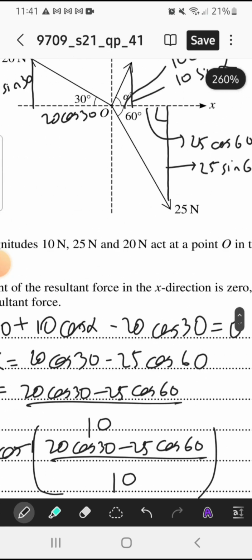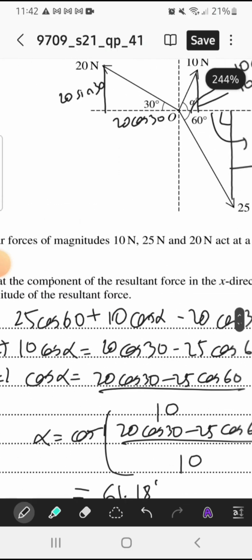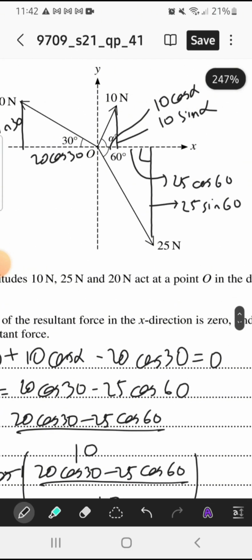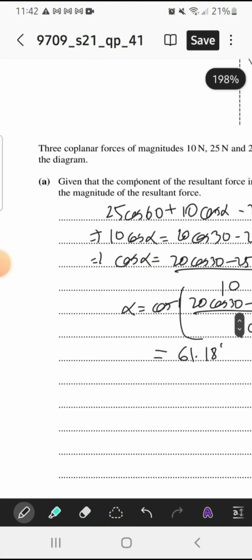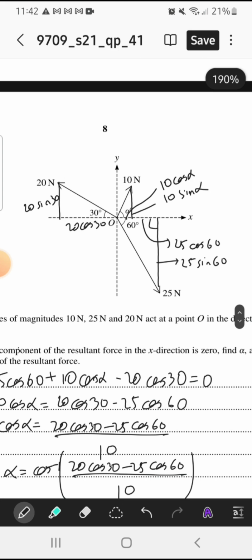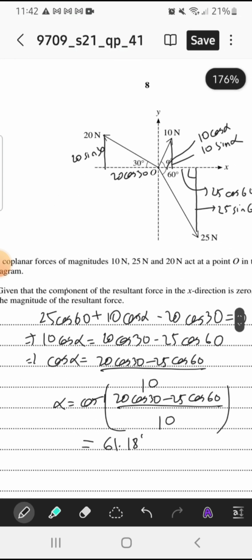The magnitude happens to be the resultant force, right? The resultant force is 0, and the magnitude is going to be the following. It's 4 marks, so it's pretty big. We just need to find the components in both the x direction and y direction.